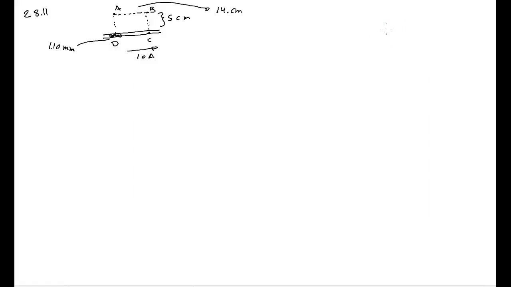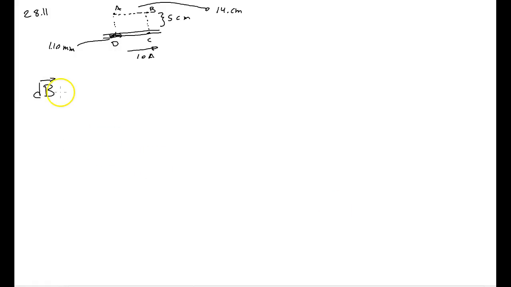So it says, find the magnitude and direction of the magnetic field due to the segment at point A. When it says the magnetic field, right now we are solving it for a short wire.